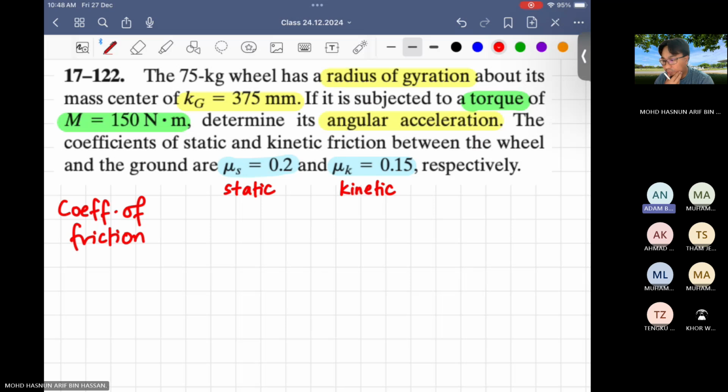Static is for when there is no slip, and kinetic is where there is slip. Okay, that is a correct answer. Static is used when the wheel is not slipping.